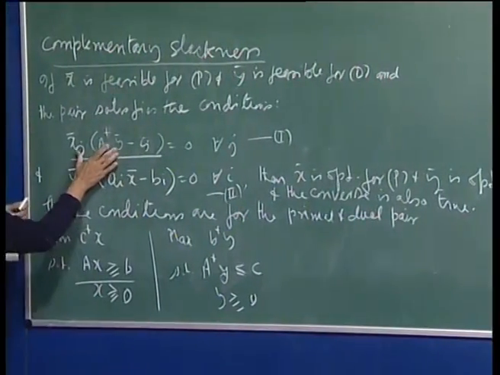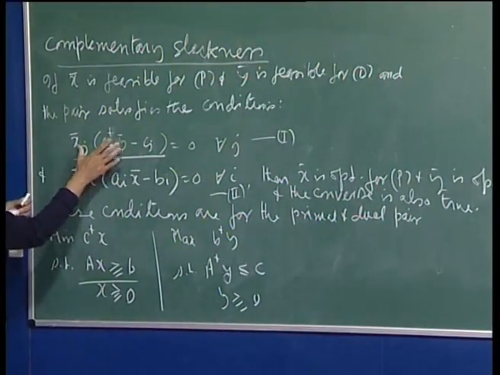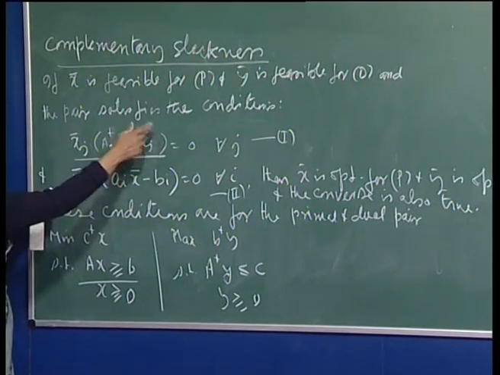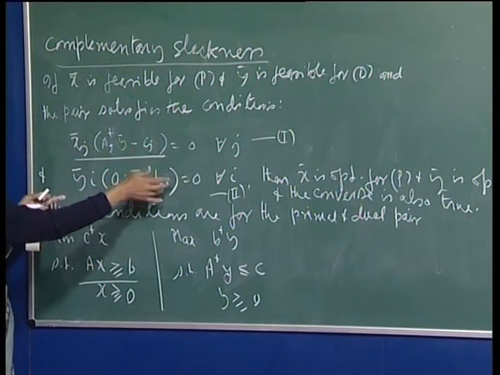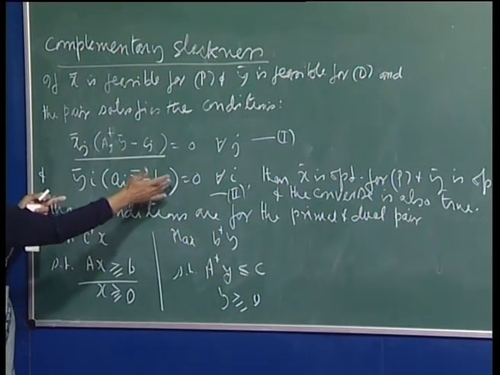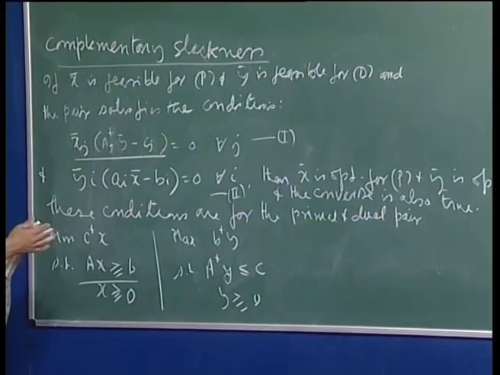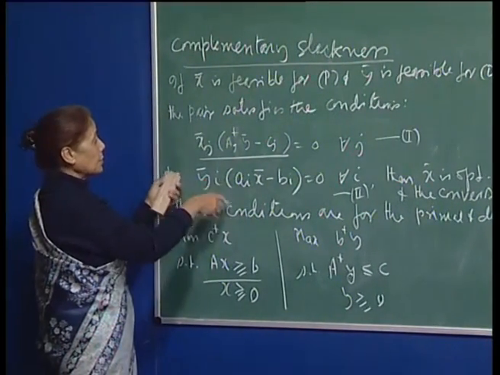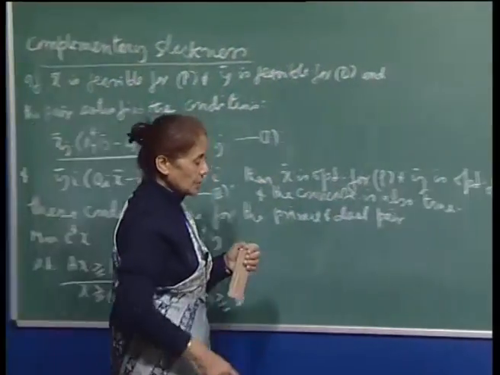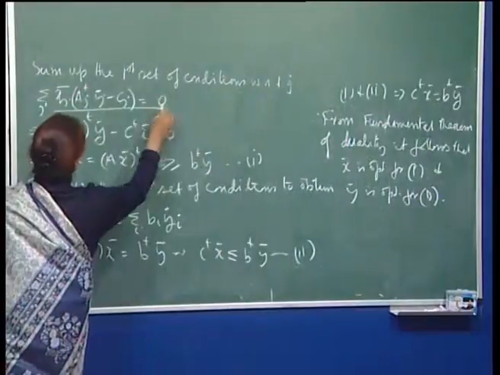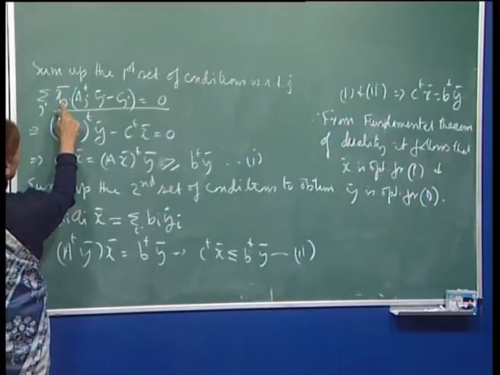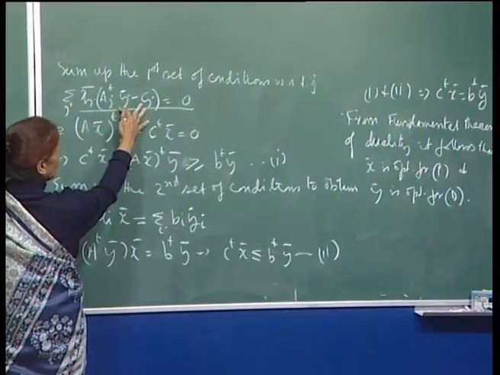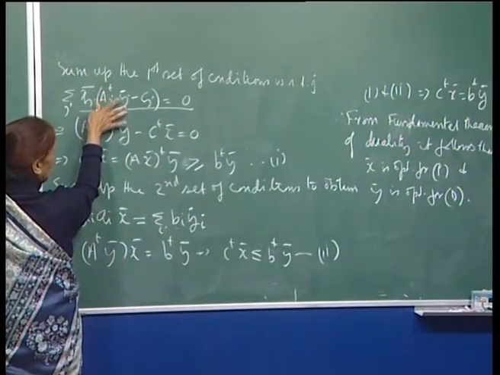because when you sum up this with respect to j and sum up this with respect to i, the two quantities are equal. And you already know that these two, c transpose x is equal to b transpose y, okay. And so, you can say that each of the conditions will be satisfied, because once you have that this summation is satisfied as equality, right, then since x_j bars are all non-negative, and these are all less than or equal to 0, every term here is of negative sign.